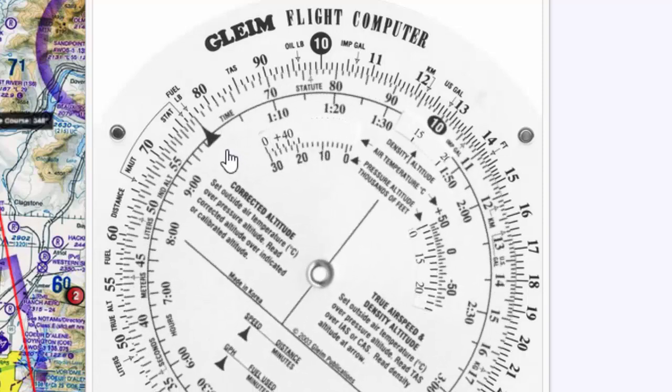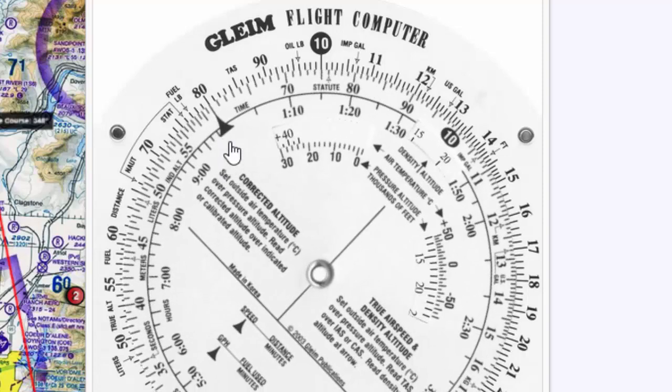So we'll set our arrow at 80 knots. And we notice that time is indicated on the inner scale. These are increments of time, you see, whether it's 70 minutes or 7 minutes or 700 minutes. 70 minutes would also be an hour and 10 minutes. So time is always read on the inner scale, and distance is always read on the outer scale.